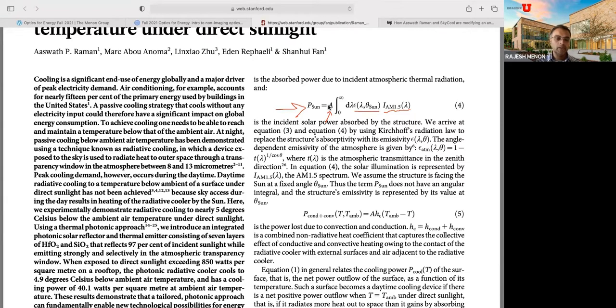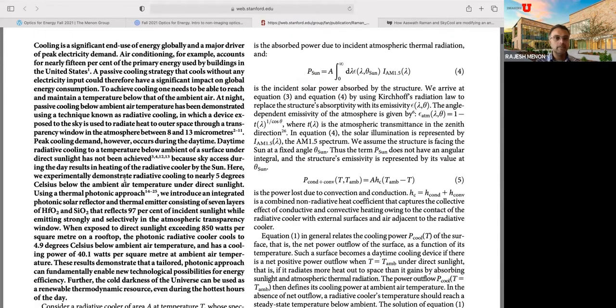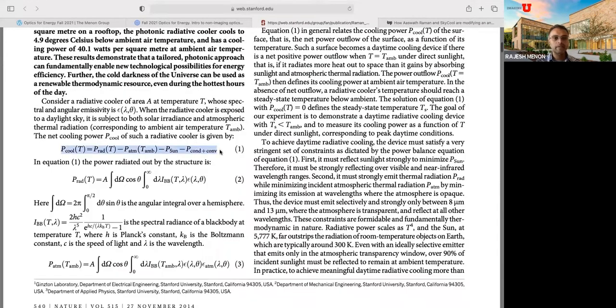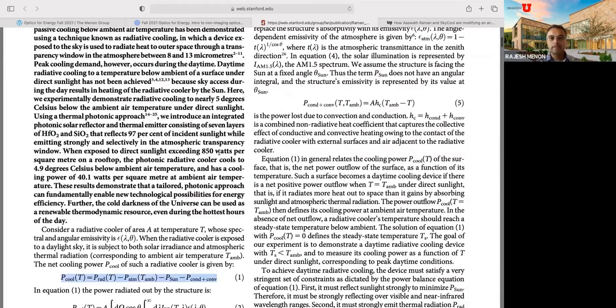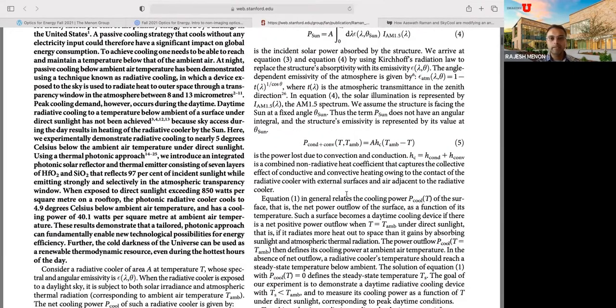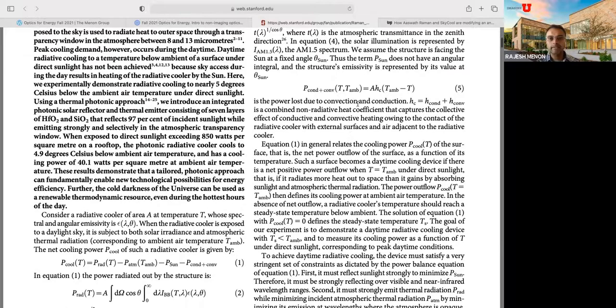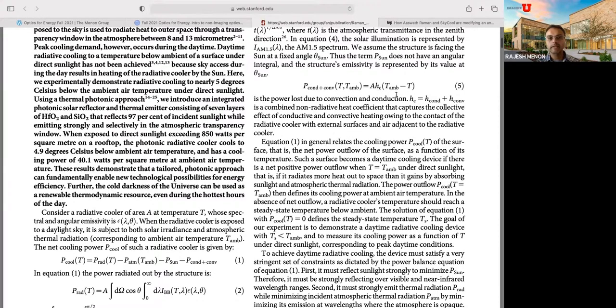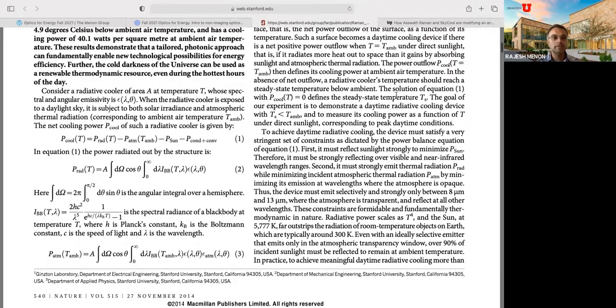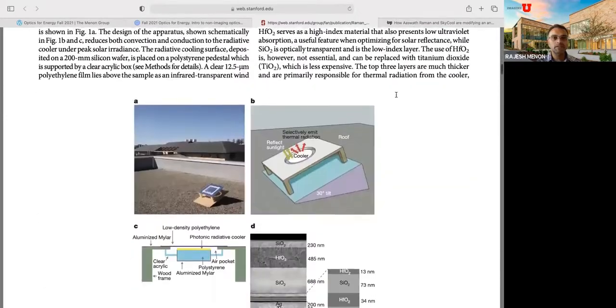And then they use something called Kirchhoff's radiation law, which is basically conservation of energy, which is this expression here. And then they plug in some other numbers on convection, and they have some equivalent models for conduction and convection. It's not terribly important here for purposes of discussion.